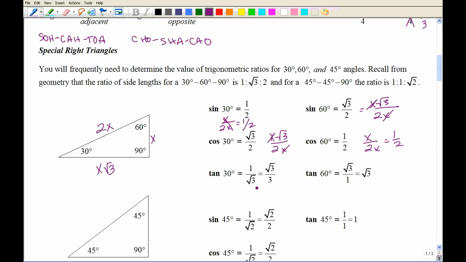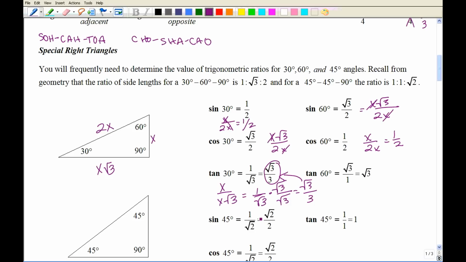Whenever you get to tangent, if we're looking at the tangent of 30, that's going to be opposite over adjacent. Well, that's 1 over the square root of 3. But remember, we have to rationalize that denominator, so we multiply on the top and the bottom by the square root of 3. So we'd have the square root of 3 over 3, which is how they got that number right there.